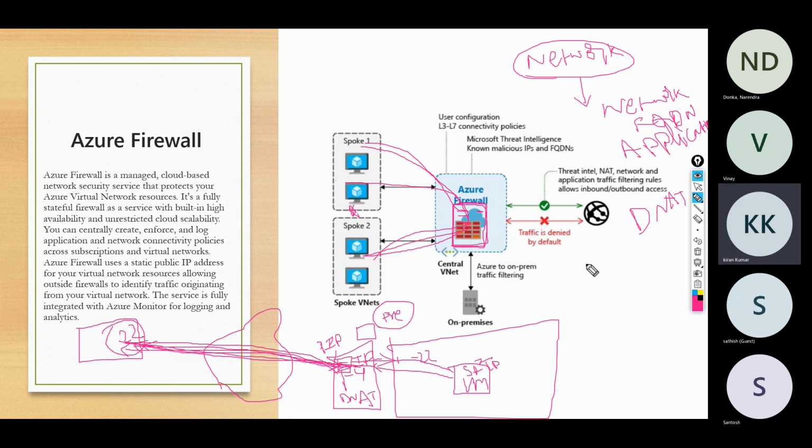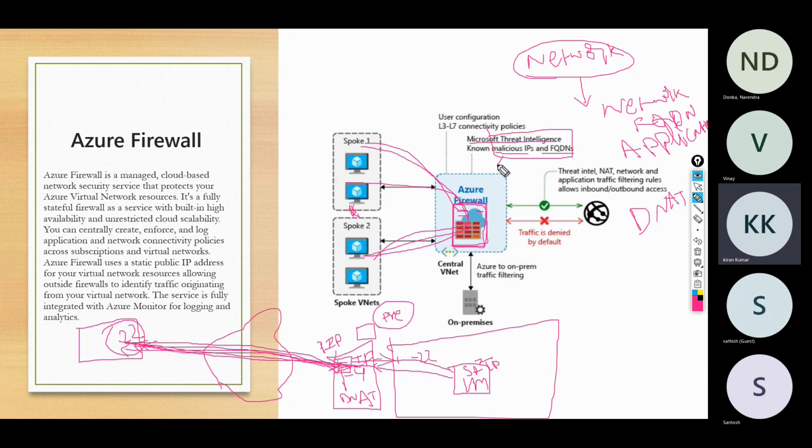Okay. And a few more features. What are the features? By default there is Microsoft Threat Intelligence. Microsoft maintains in the backend the malicious IP addresses and FQDNs found over the internet. The Microsoft security team identifies them and maintains them as a centralized database.